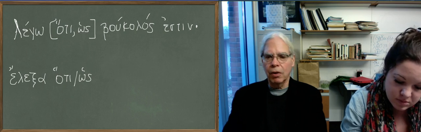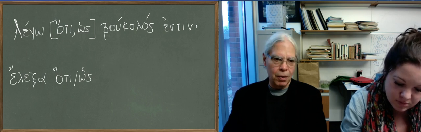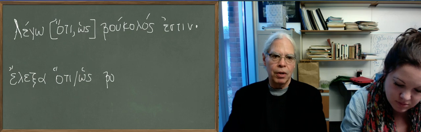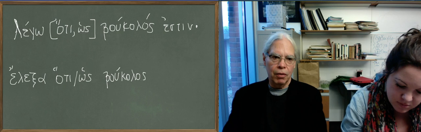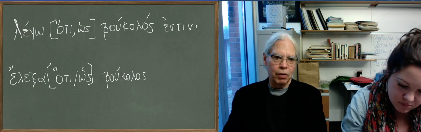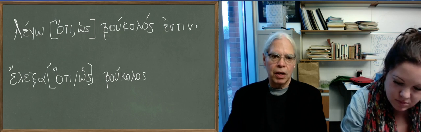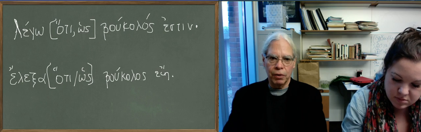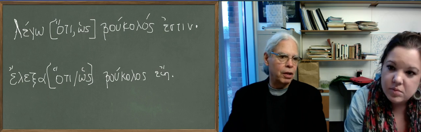You keep the aspect of the verb the same as the original. In other words, what you have to have in mind is the syntax of the direct sentence in order to figure this out. But since estin is imperfective aspect, you use the so-called present optative, or the optative of the imperfective aspect in this case, right?